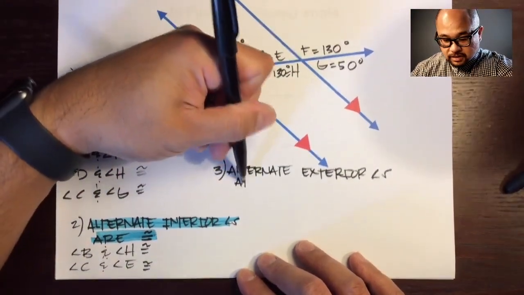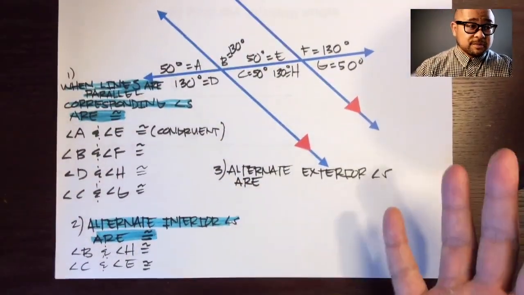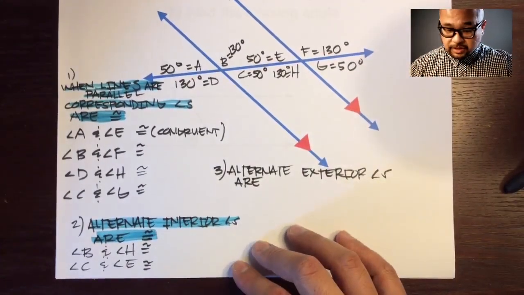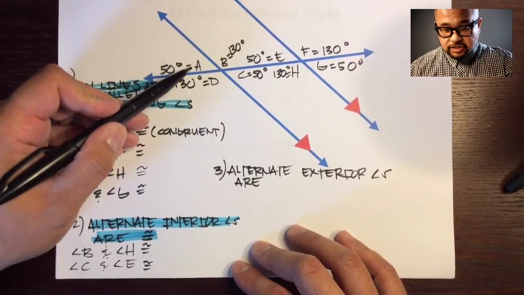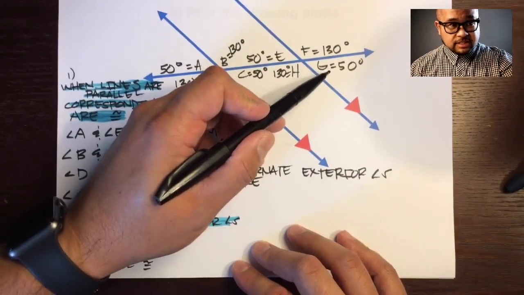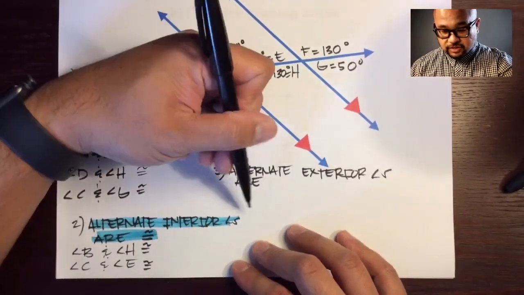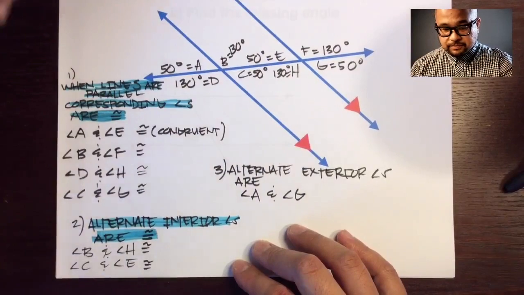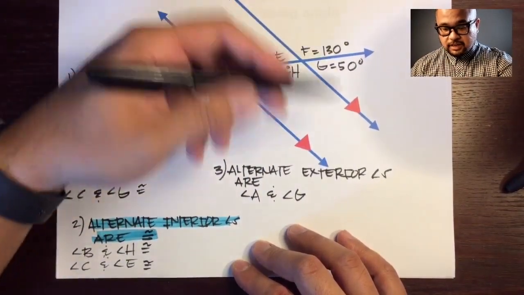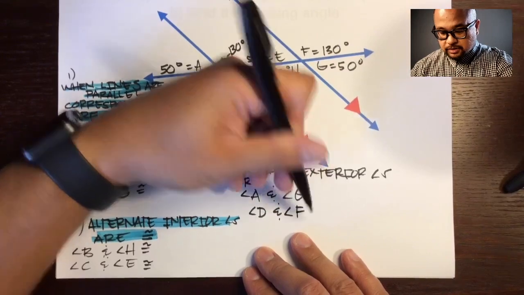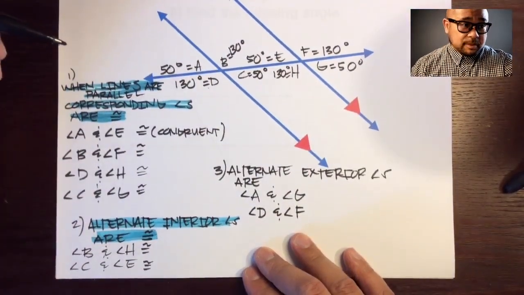First, let's look at which angles are alternate exterior angles. Angle A is on the exterior, and its alternate exterior angle is angle G. It's on the exterior on the other side of the transversal. So angle A and angle G, and angle D and angle F are alternate exterior angles.